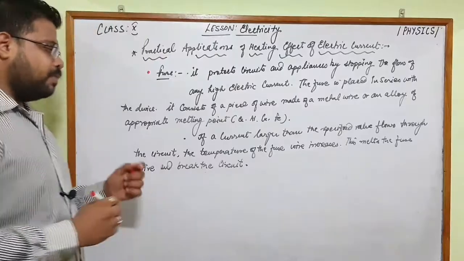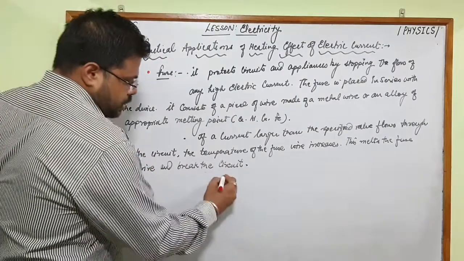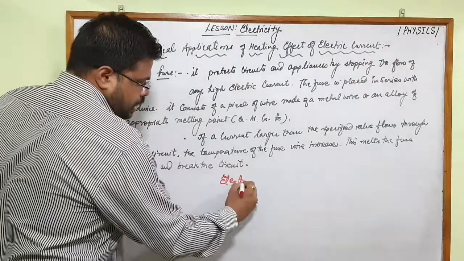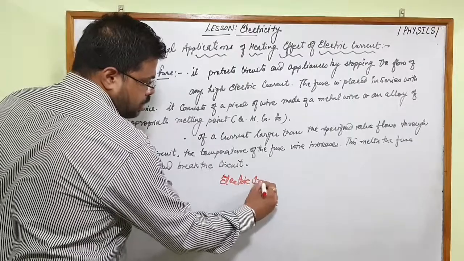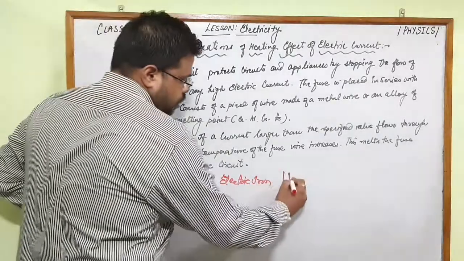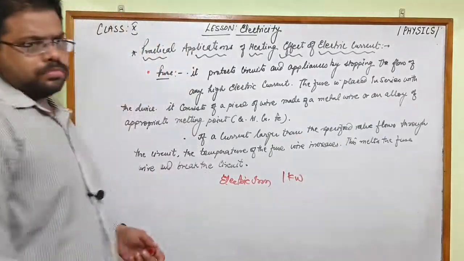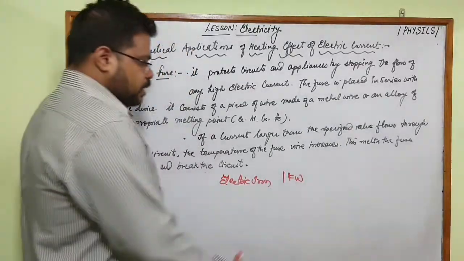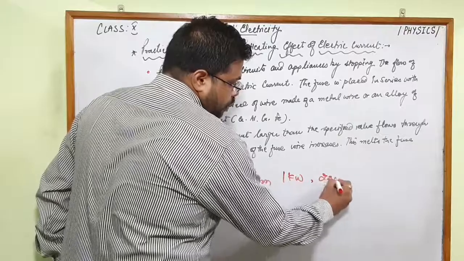Let us take a small example, electric iron. Suppose an electric iron uses 1 kilowatt power, and the voltage here is 220 volts.